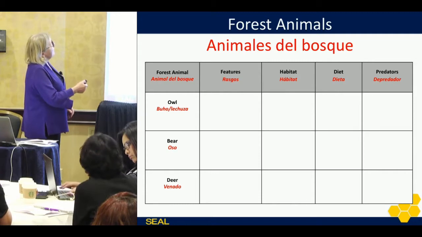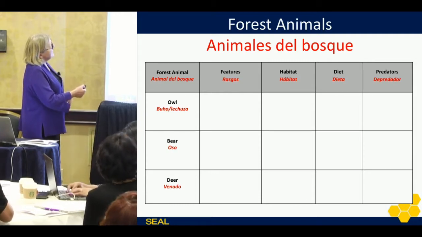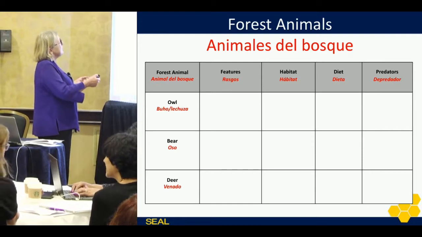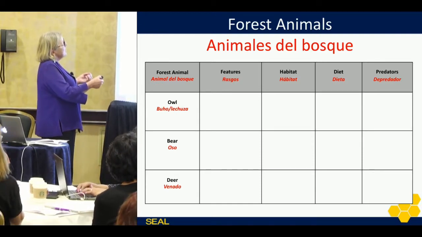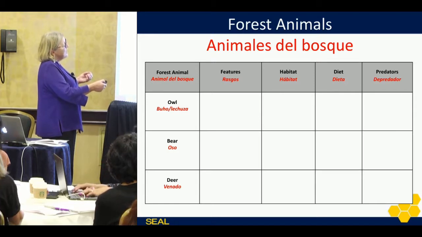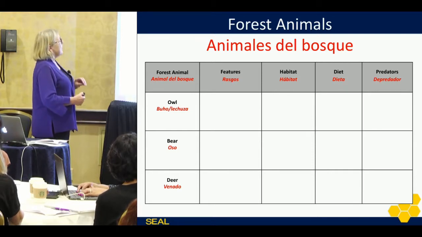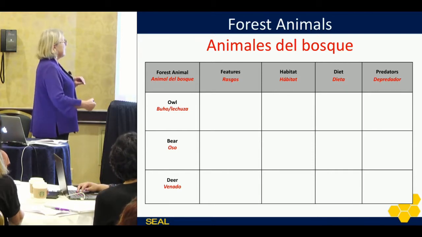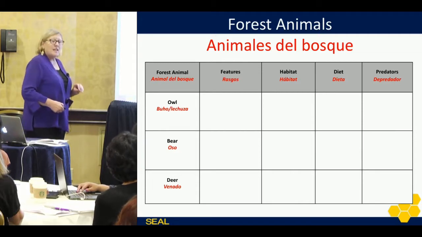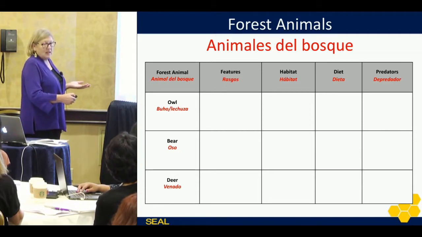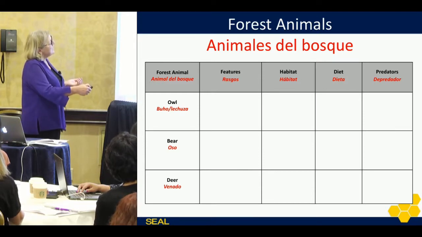This one is teaching about forest animals, and they decided this is a description unit, and so they wanted to have kids talk about the features and characteristics of each. They want to understand that animals have different features, that they have different habitats, that they have different diets, and they have different predators, right? So when they had to come up with which animals we are going to teach about, they didn't want animals that all have the exact same habitat and diet, because then the kids aren't really understanding these concepts.